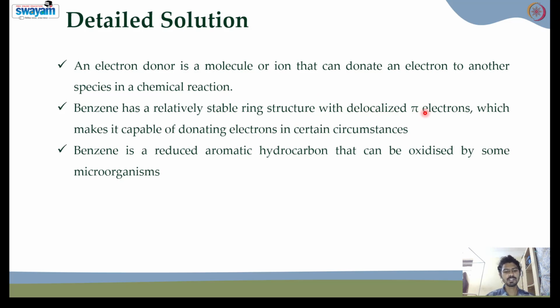If you see the benzene structure, it is an aromatic compound which makes it capable of donating electrons in certain circumstances. So it is a reduced aromatic hydrocarbon that can be oxidized by some microorganisms. So it donates the electron by oxidizing these substrates by some of the microbes.